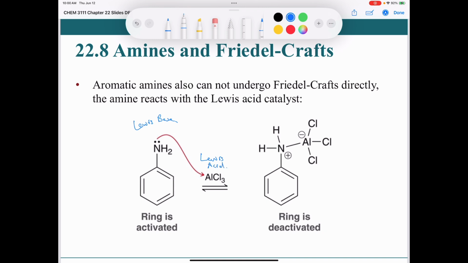And those two react together. You can see the base donating electrons to the acid, and then you make this Lewis acid-base complex, and look at this, we got a positive charge right here on the nitrogen, and now the ring is deactivated. I mean, highly deactivated. And you remember that Friedel-Crafts chemistry doesn't occur when you have a highly deactivated ring.